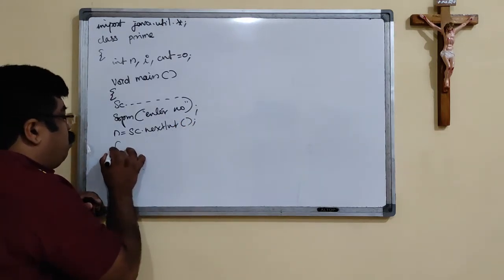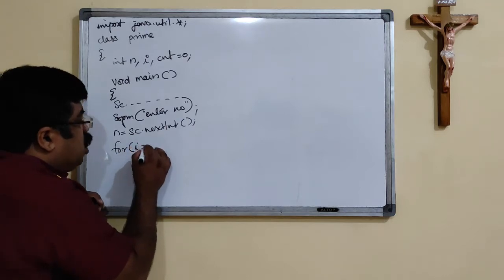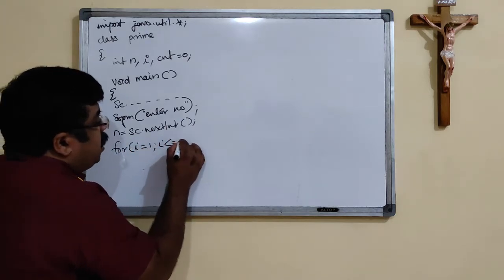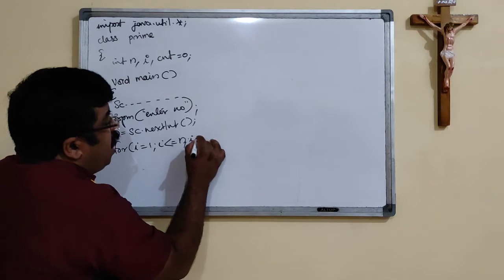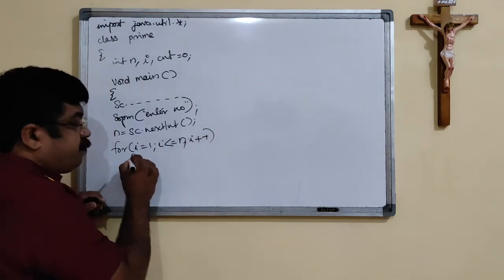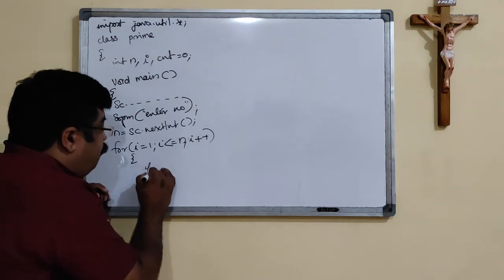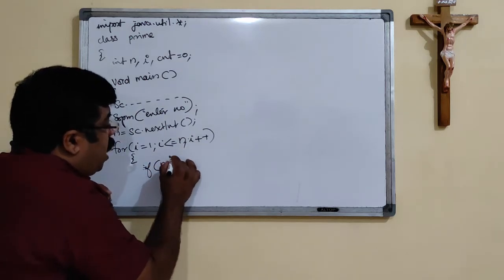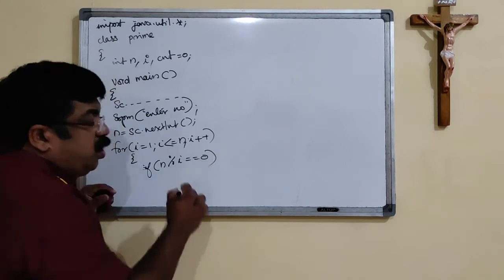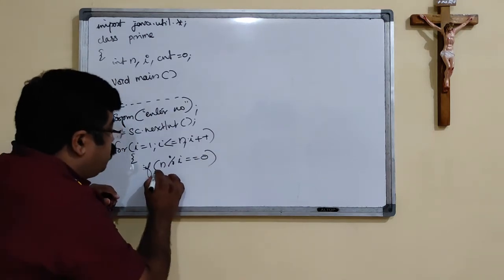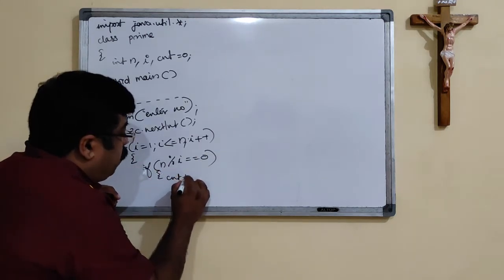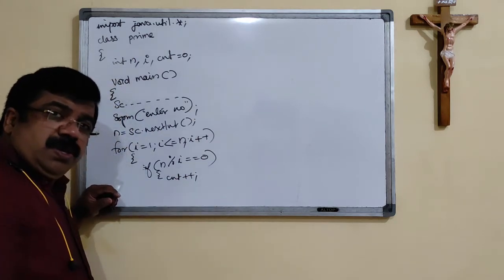Now we give the loop: for i equal to 1, i less than or equal to n, i plus plus. We give if n modulus i is equal to 0, then we will do cnt plus plus.